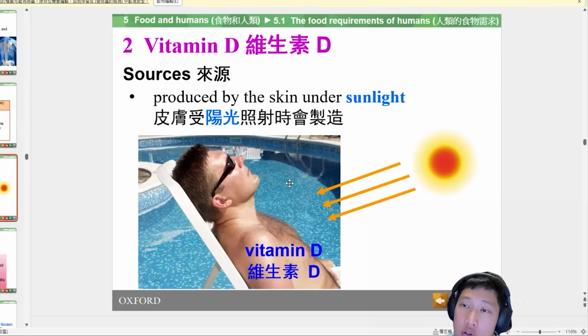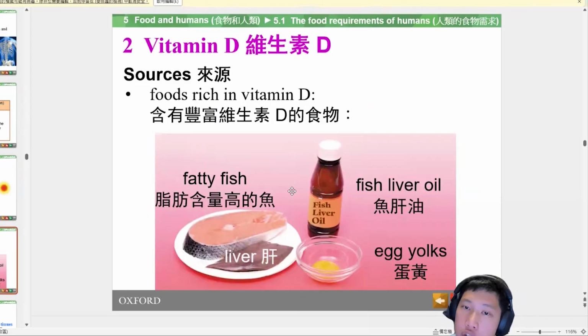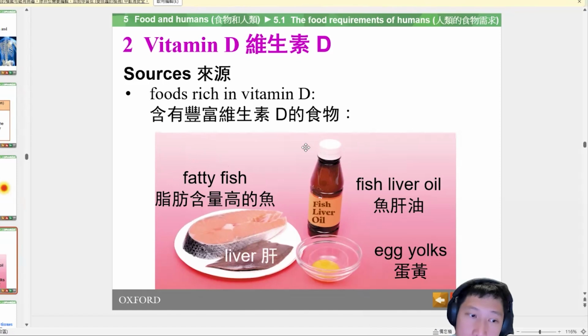But you can expose yourself for a short period of time, then your body will have sufficient vitamin D. But sir, you may ask me, maybe I got skin cancer, then what can I do? I also need vitamin D. Then you can try to drink fish liver oil or eat some fatty fish. They do contain a large amount of vitamin D.